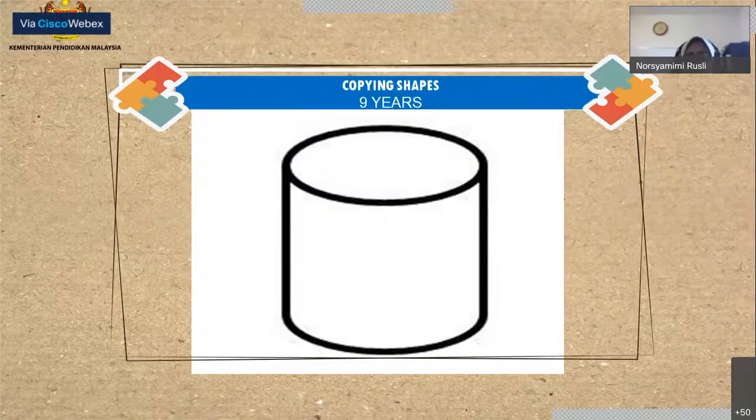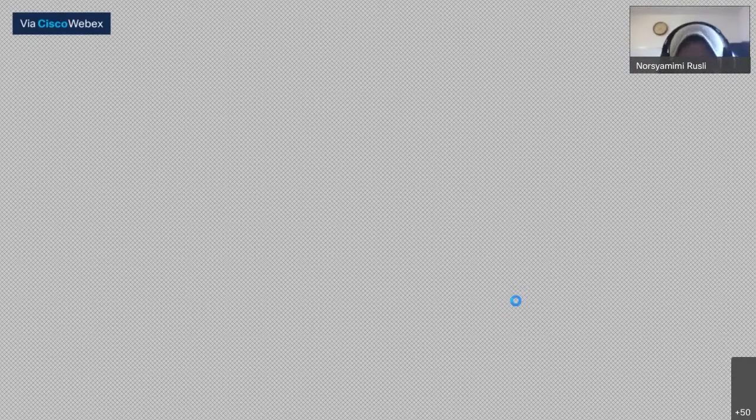Okay, so this is an example from one of my students. I asked him to copy the shapes here, first starting with a circle, a triangle, and so on until the cylinder, and he's 9 years old. So what do you think is the actual age for visual motor for this child?